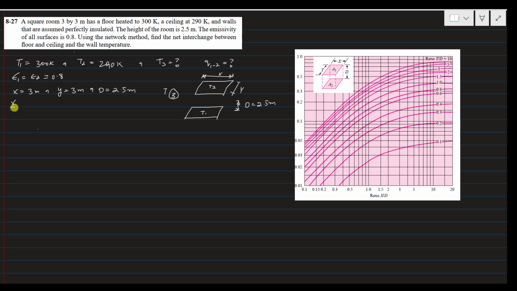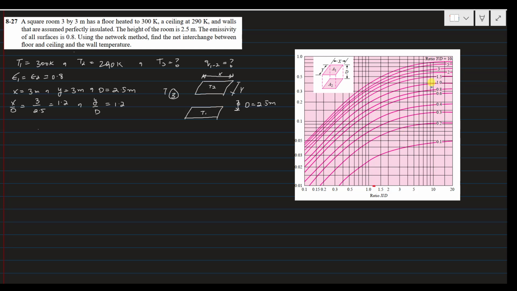The x by d ratio is 3 divided by 2.5, which gives 1.2. And the y by d ratio is also 1.2. So the x by d ratio is on the x-axis of this graph, so it will lie here.